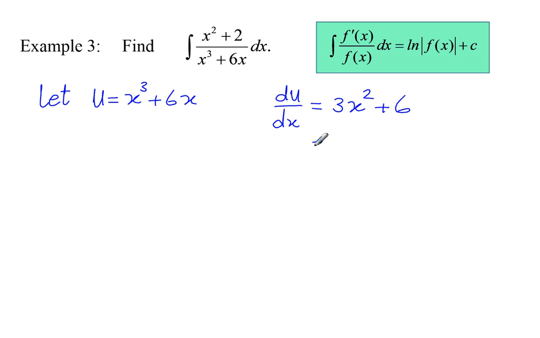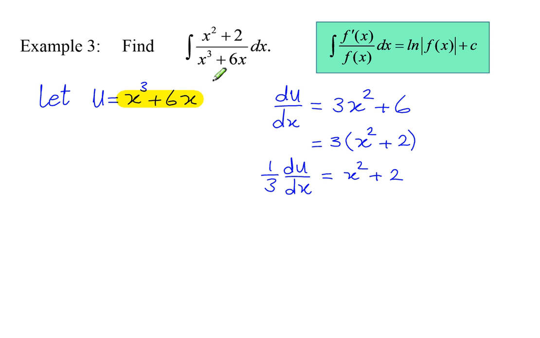So I need to make some changes. If I take a common factor of 3, that will give me 3x squared plus 2. And now this looks like the numerator. So to get rid of this 3, we divide by 3, so that would be 1/3 of du by dx is equal to x squared plus 2. So what happens here is that this is this expression here, and this is this expression here.